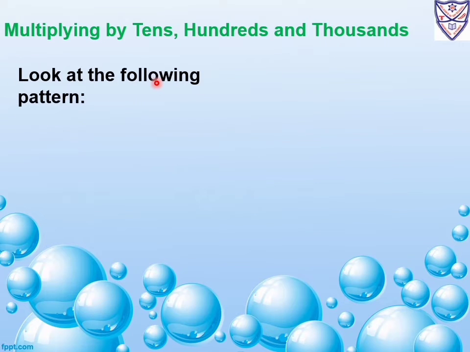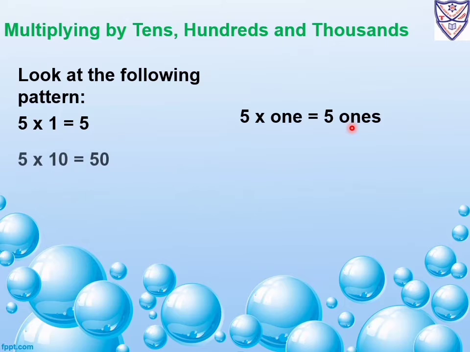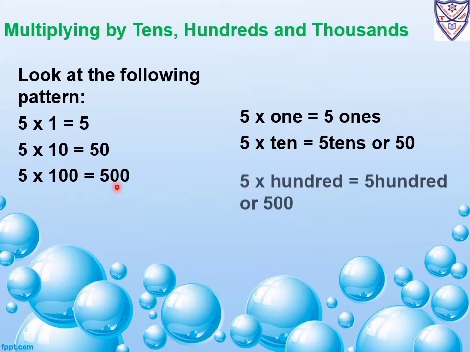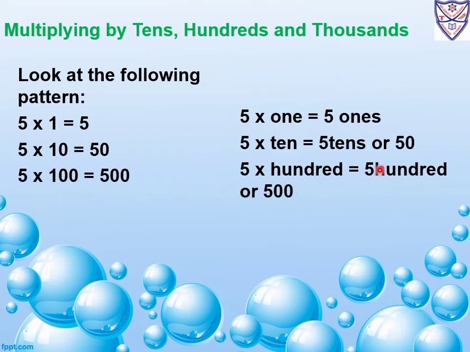Look at the following pattern. 5 multiplied by 1 gives 5, means 5 ones. 5 multiplied by 10 gives 5 tens, which is 50. 5 multiplied by 100 gives 500. In 100, how many zeros are there? 2 zeros, so we write 500. So 5 multiplied by 100 is equal to 500.